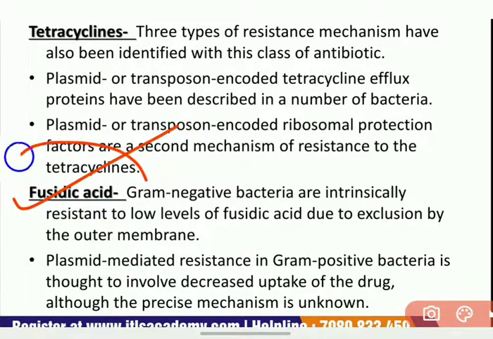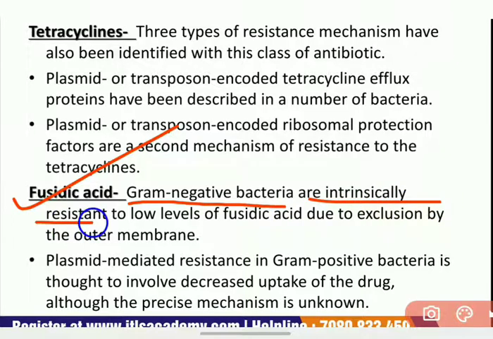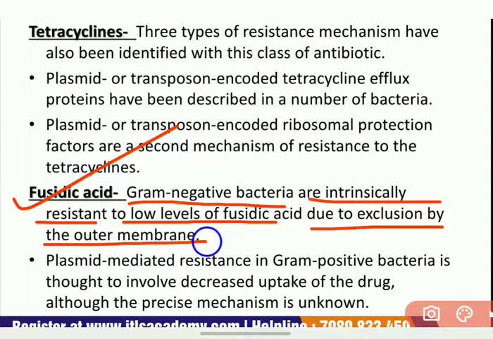Next is fusidic acid. Gram-negative bacteria are intrinsically resistant to low levels of fusidic acid due to exclusion by the outer membrane. Nevertheless, acquired resistance does occur, which has the effect of increasing the level of resistance to the antibiotic.